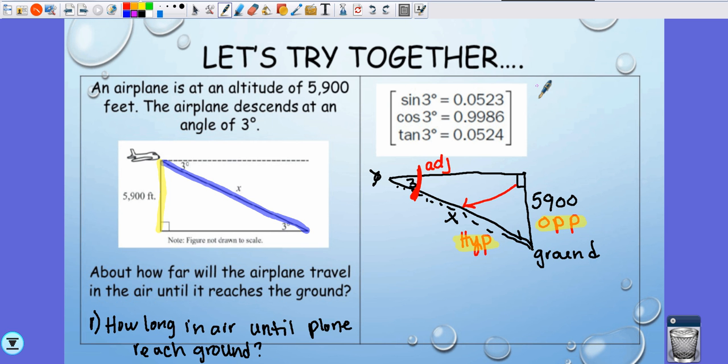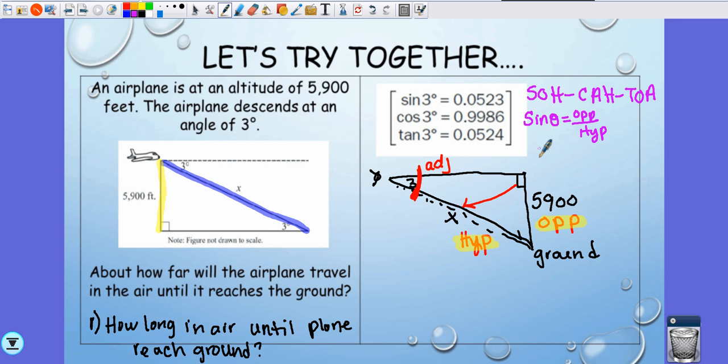We learned in class our trig ratios were SOHCAHTOA, and I'm going to tell you how I remembered it in high school, though I already told you in class: some old hood rat caught another hood rat taking off Adidas. So sine of theta equals opposite over hypotenuse.